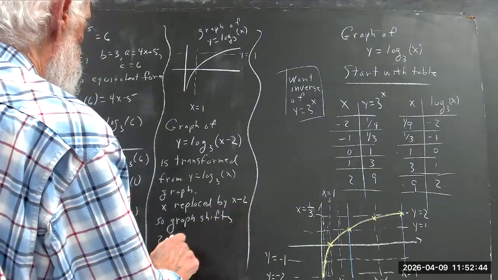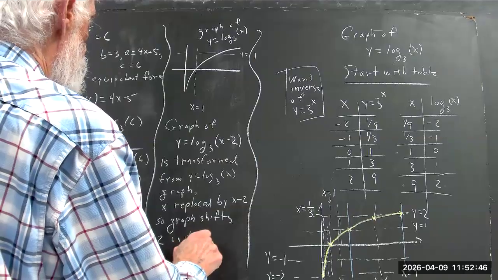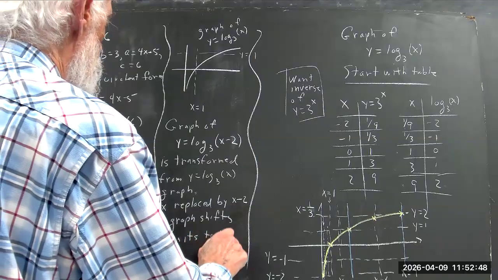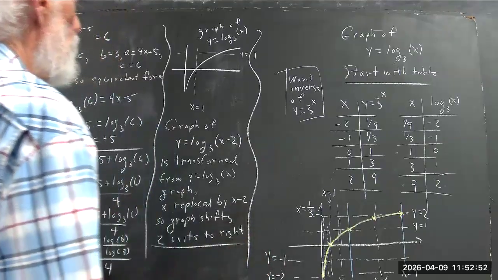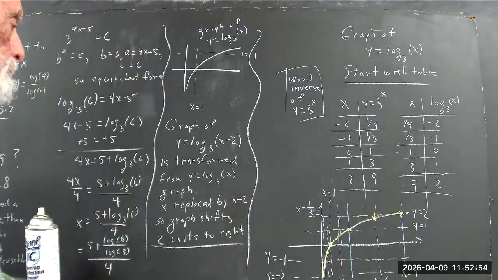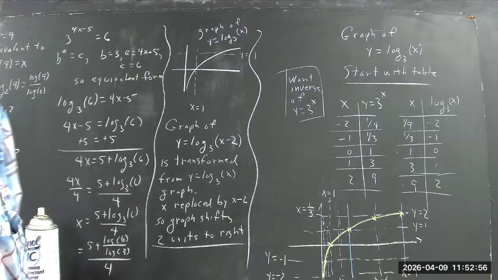So the graph shifts 2 units horizontally, which would be 2 units to the right.